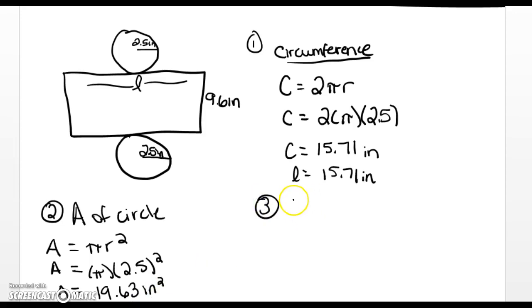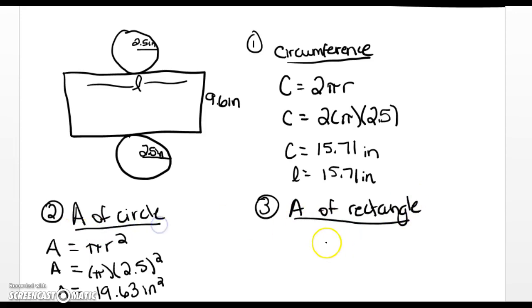And now we can move on to the area of the rectangle. To find the area of a rectangle, that is equal to your length times your width. So we'll take that 15.71 that we found before and multiply it with that height, or the width, which is 9.6.